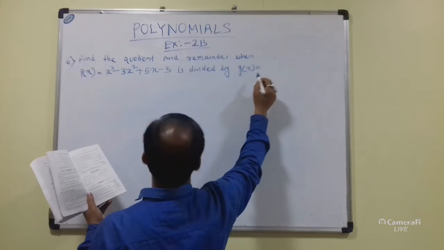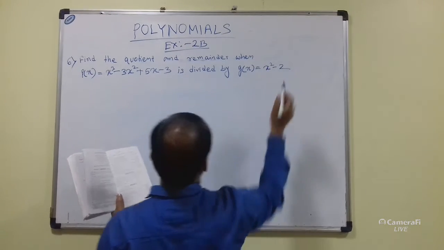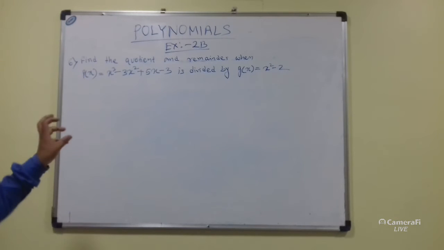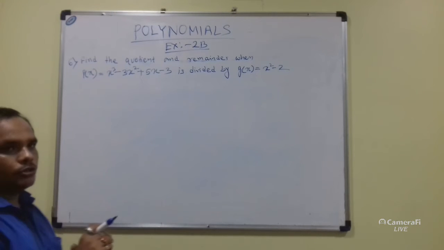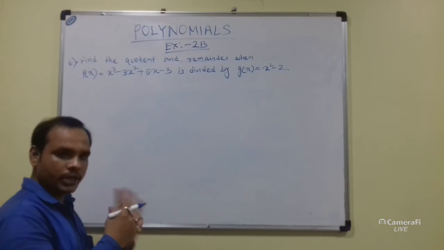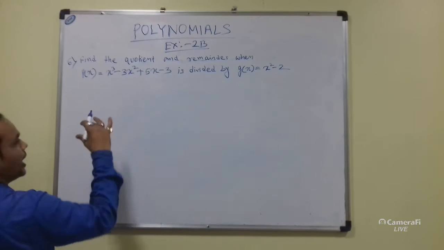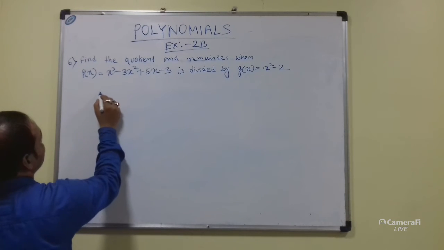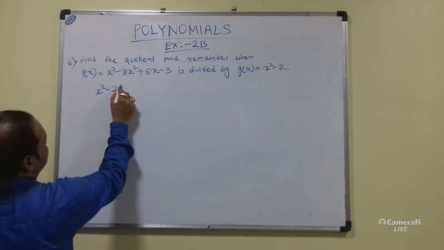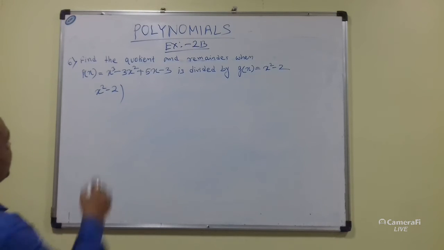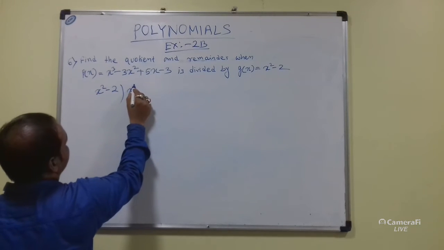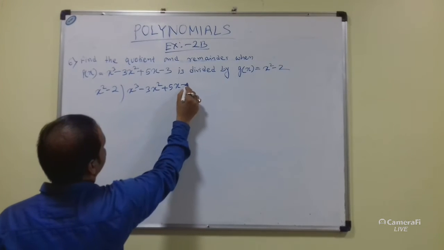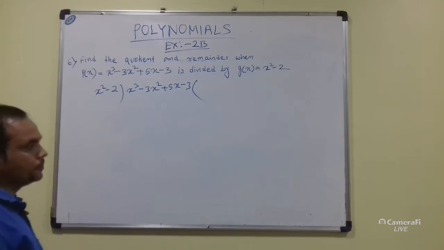So g of x equals x square minus 2. So we have to find the quotient and remainder. So here we have to use long division method to find the quotient and remainder. So here x square minus 2 is the divisor and f of x, that means x cube minus 3x square plus 5x minus 3, is the dividend.